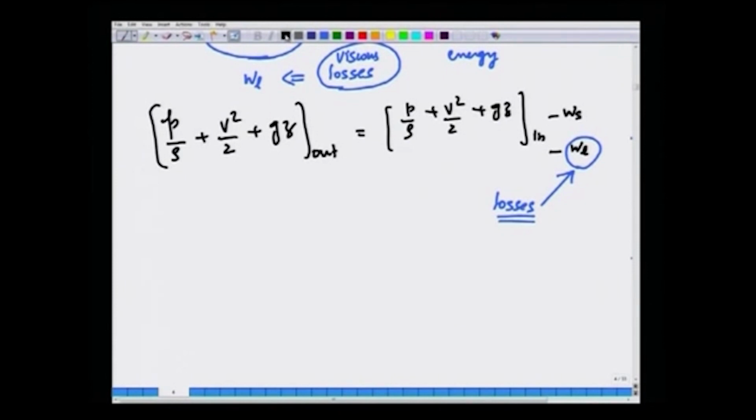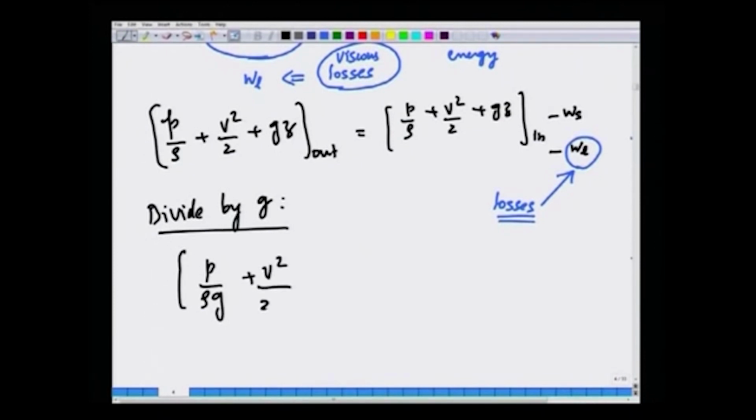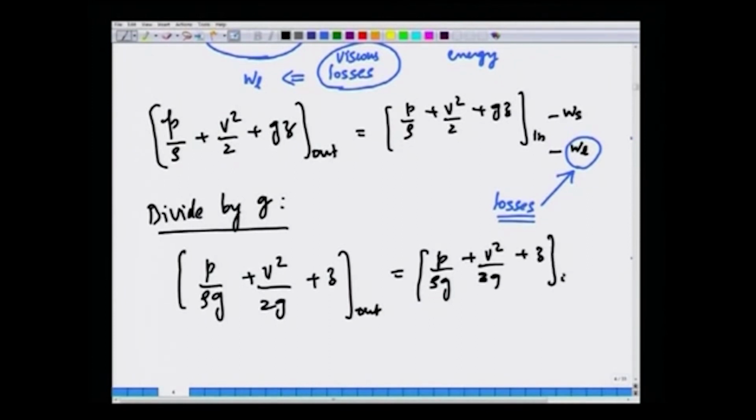Sometimes in engineering fluid mechanics, you divide this entire equation by g, the acceleration due to gravity, to get p by rho g plus v squared by 2 g plus z at outlet is p by rho g plus v squared by 2 g plus z at inlet minus w s by g minus w l by g.